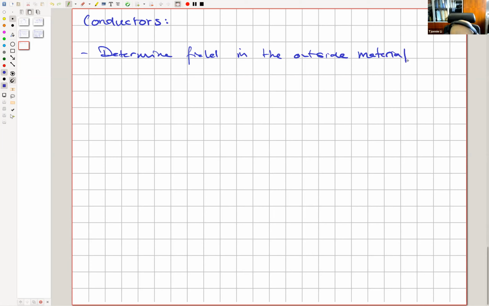In this case, it's either vacuum, in which case we have that the divergence of E equals zero, and of course we have that the curl of E equals zero, in which case we simply have the Laplace equation to solve.